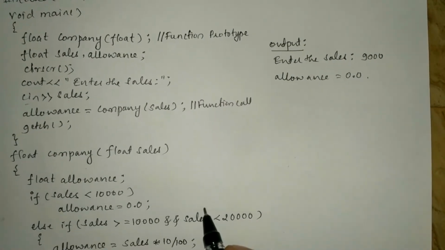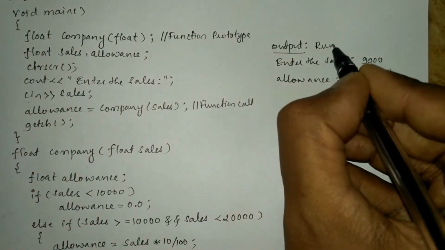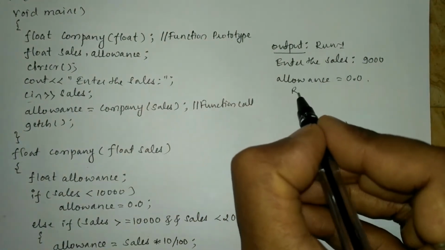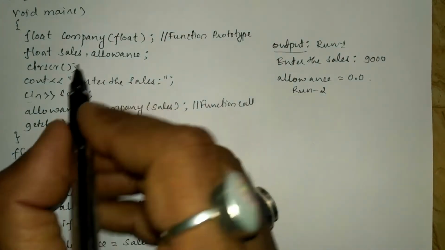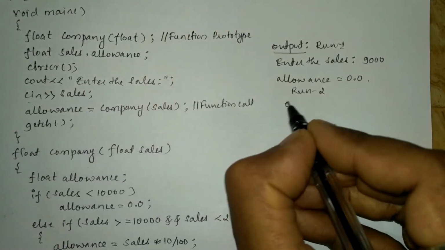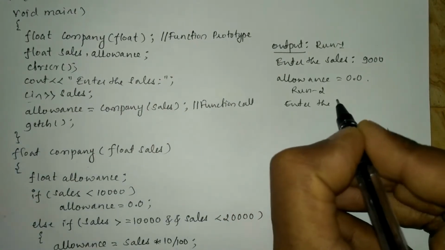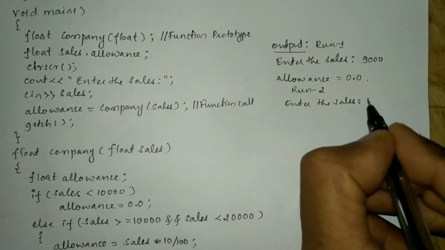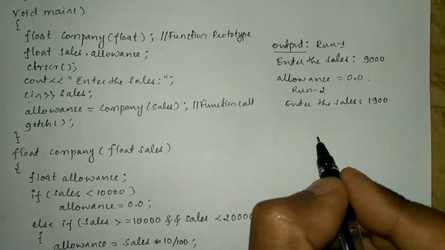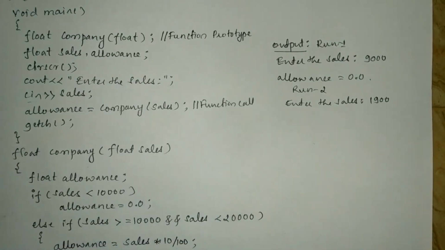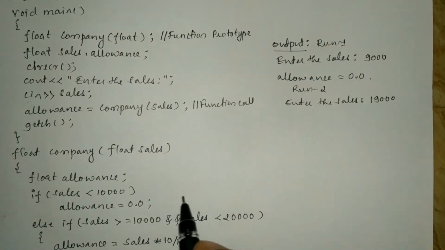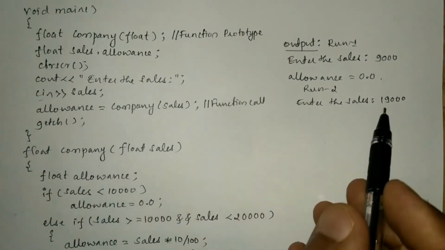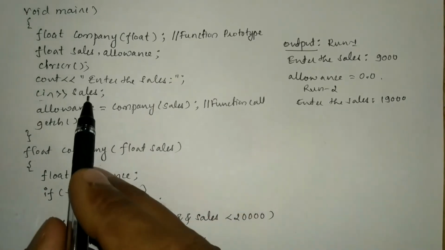Okay. So let us take this one as run 1. Let us execute the same program once again. So once again it is going to ask the user to enter the sales. This time I am going to enter 19,000 we will take. Okay, 19,000. So this 19,000 will be stored in sales.